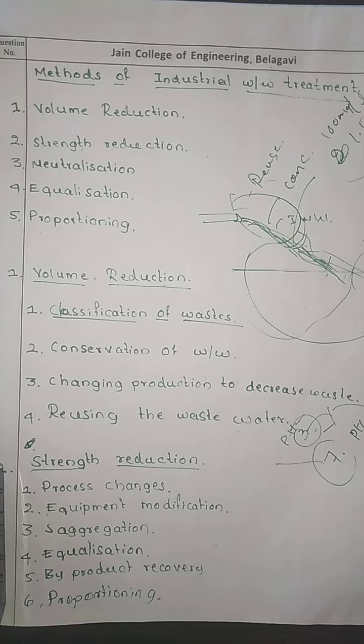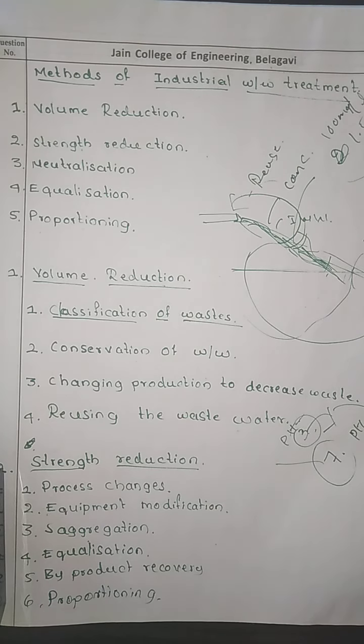So in today's class we have discussed the different methods, and what volume reduction is. First, we discussed how we can reduce the concentration or quantity of volume discharged into the receiving water body. Then we studied the different steps for volume reduction: conservation of waste, changing the production process to decrease the waste, then reusing the wastewater.